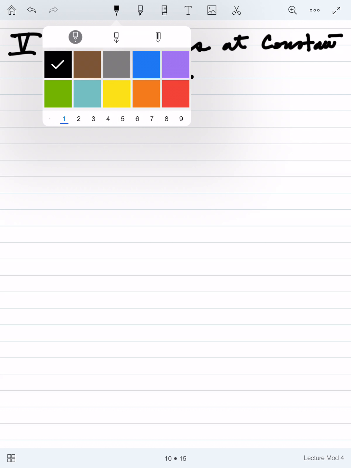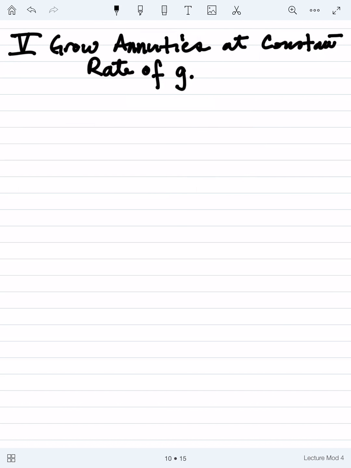So in the previous example, we ran a growing cash flow for 15 years and not forever. Okay, so let's grow this particular cash flow.